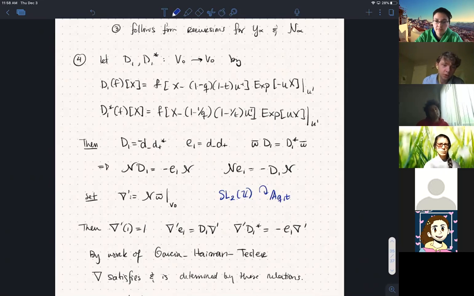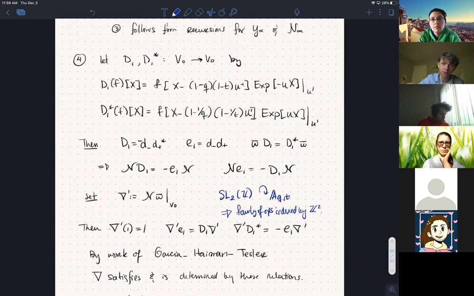It gives you a whole family of operators on symmetric functions, which are parameterized by points in Z2. Some of them are just E1, some of them are this D1 and D1 star, and there are more, and they're related to this beautiful structure called the elliptic Hall algebra and lots of other things. In principle, all of them sit inside this algebra. You can just think of it as acting by this involution and another generator of SL2Z and applying these things and getting more and more interesting operators on symmetric functions.